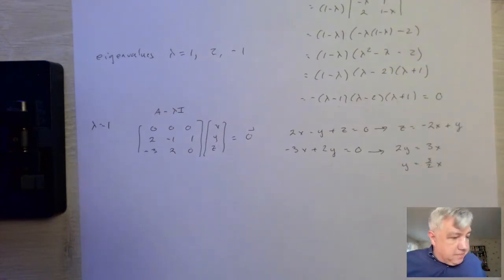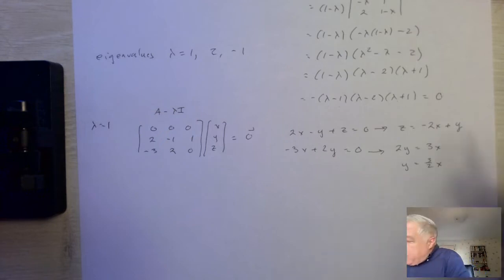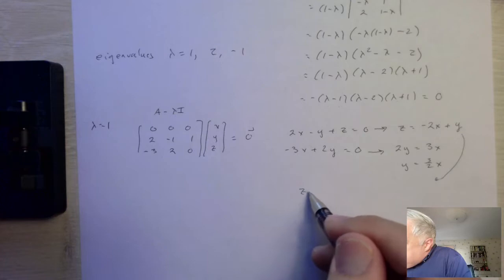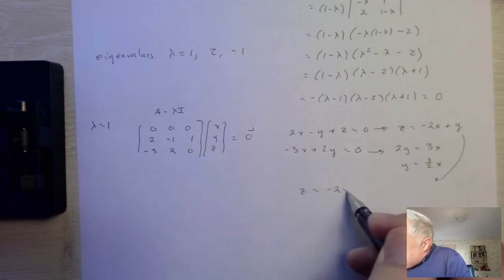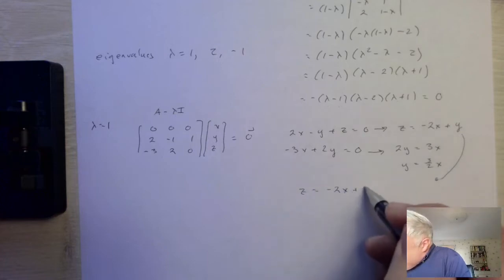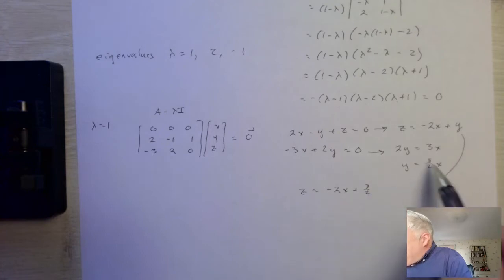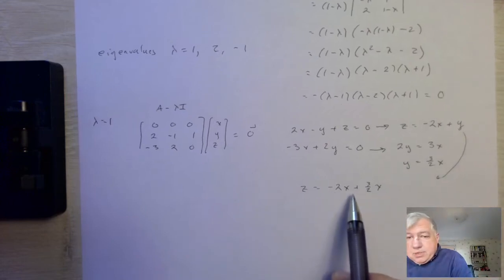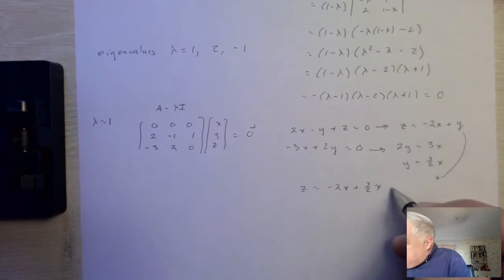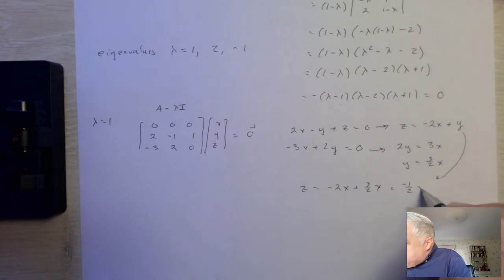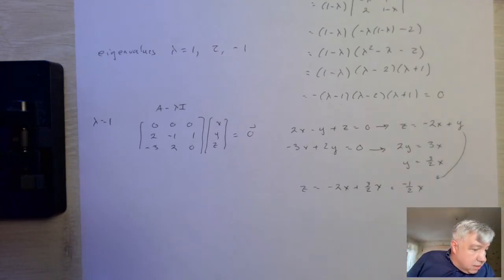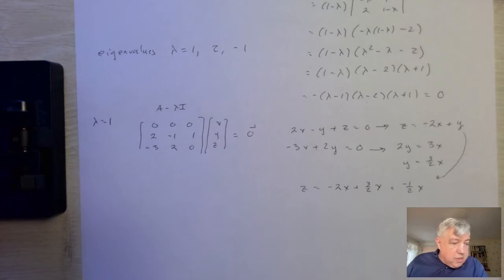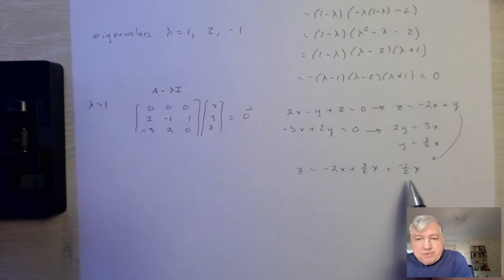Making the substitution, z is equal to minus 2x plus 3 halves x. After that substitution, this will be minus 4 halves plus 3 halves, so that will be negative 1 half x. So everything's in terms of x now.